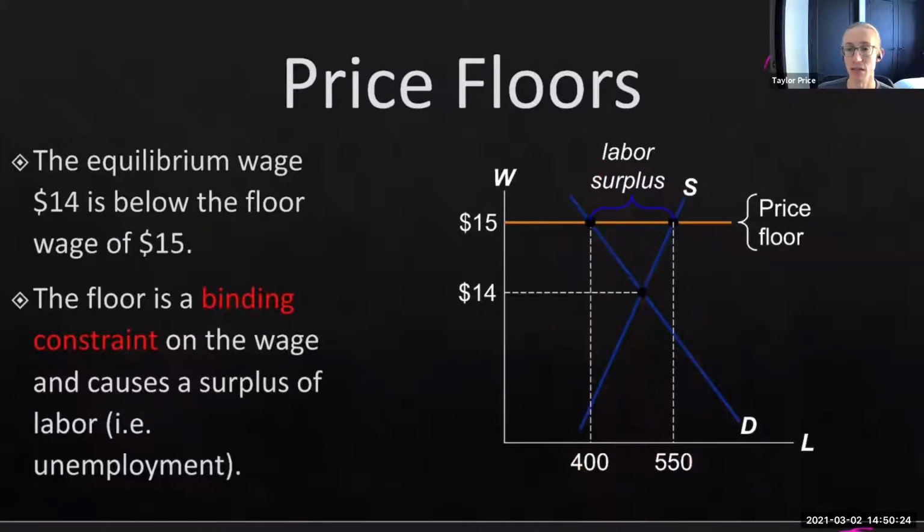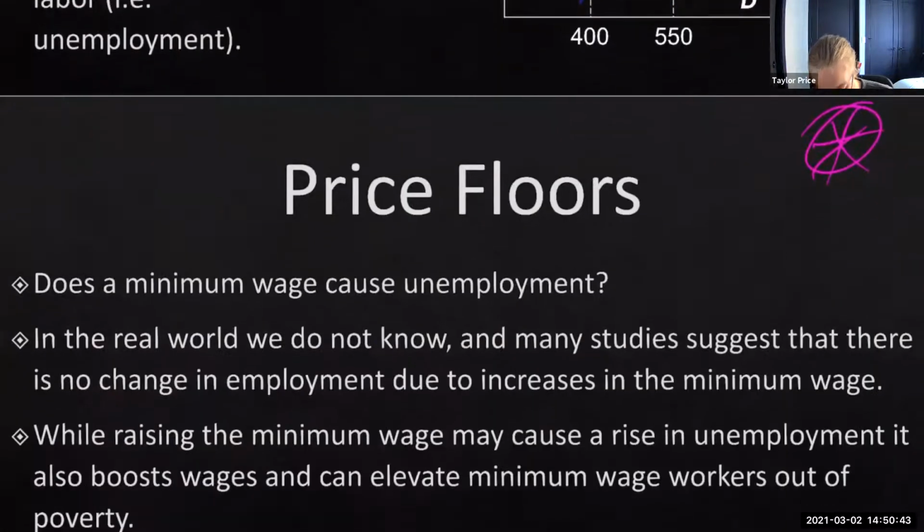In this case, that's effectively just a labor surplus, which is also called unemployment. So this would be an example of what unemployment can look like. Basically, there's a larger supply of workers and a smaller demand from companies for workers at that specific price.